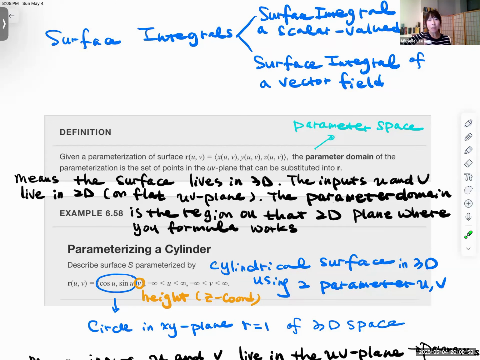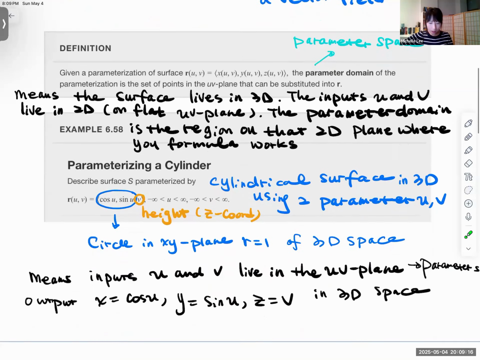Basically, we can think about R of (u, v) as acting like a function: we input u, v, and we get a three-dimensional output. We input two dimensions, and we get the XYZ output.